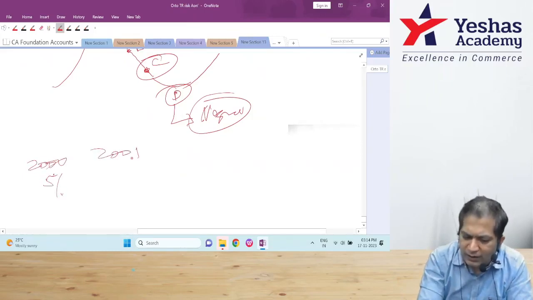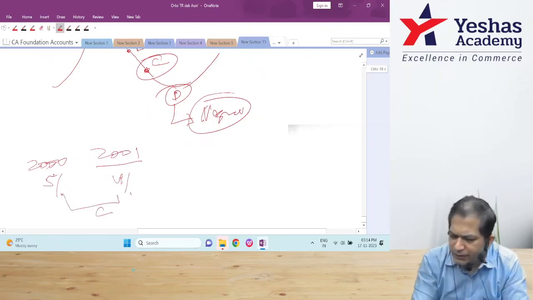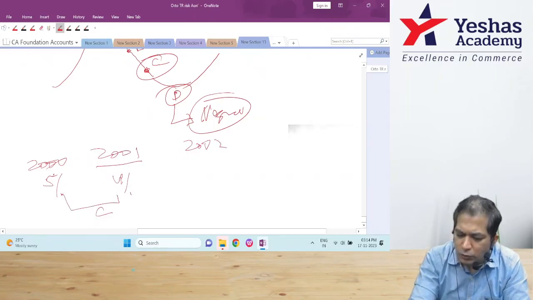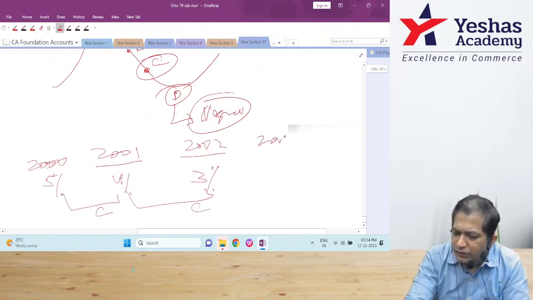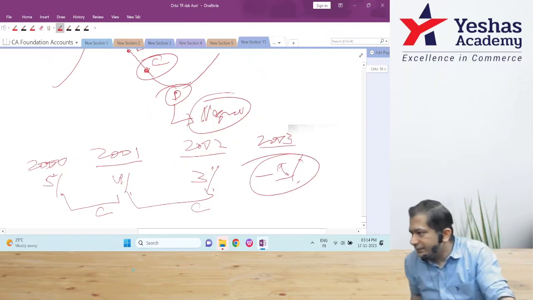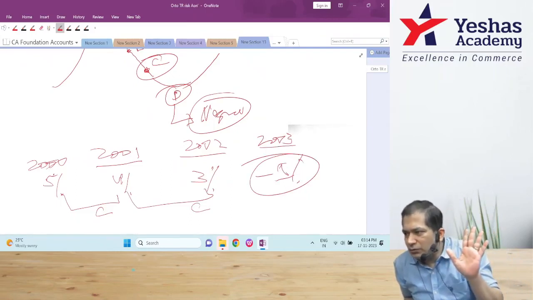In 2001, GDP growth is 4%. It means contraction hai. In 2002, the rate of GDP is 3%. Again, this is contraction. But if in 2003, the rate of GDP is minus 1%. So it means there is a negative growth.